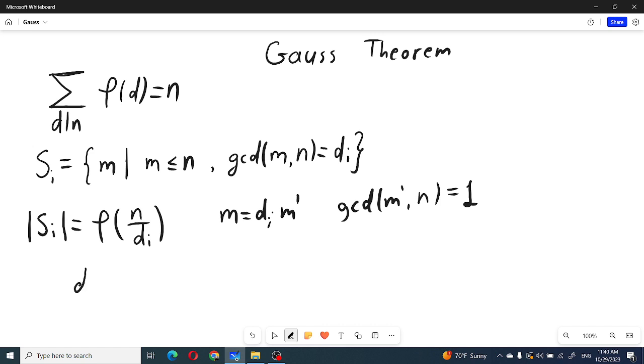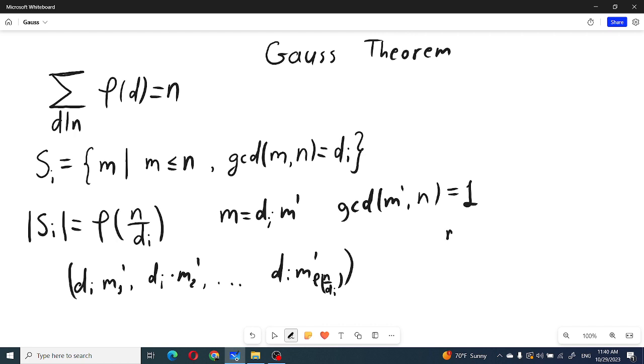They must be d_i times m1 prime, d_i times m2 prime, and in total we must have d_i times each of phi of n over d_i numbers m prime. And now we show why it's correct.